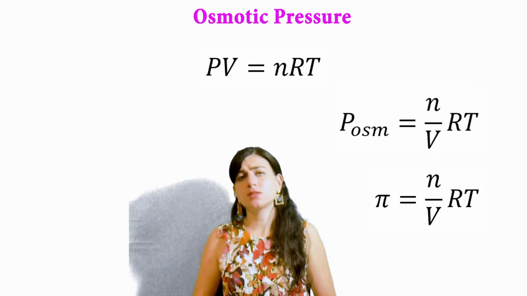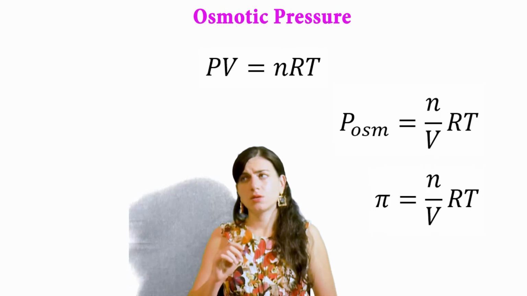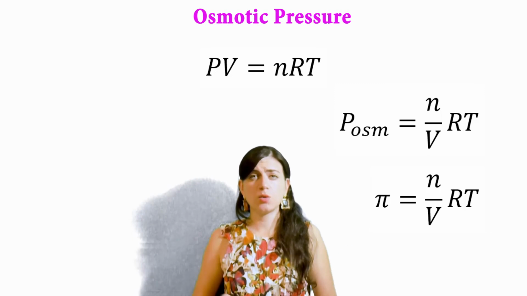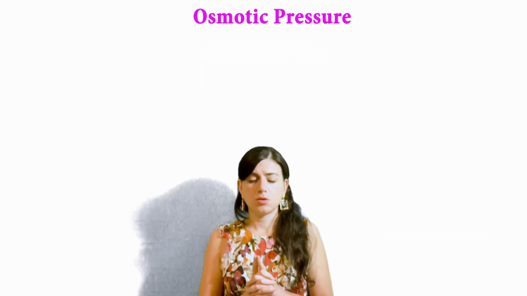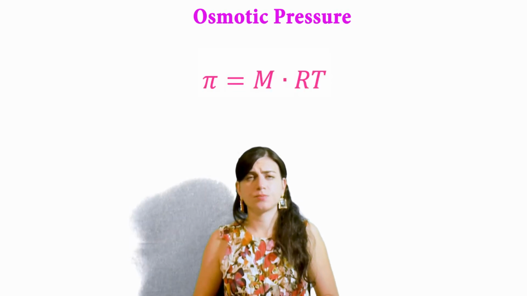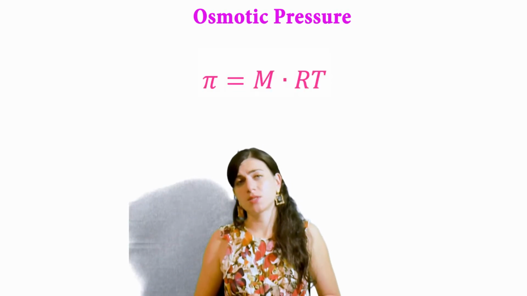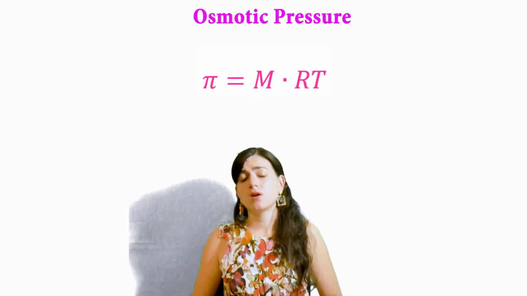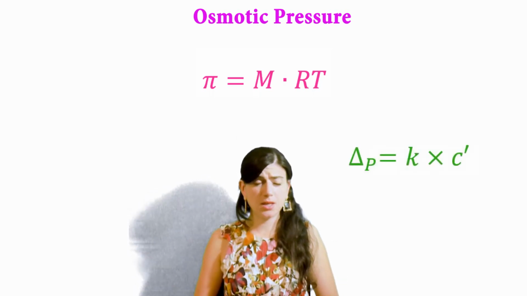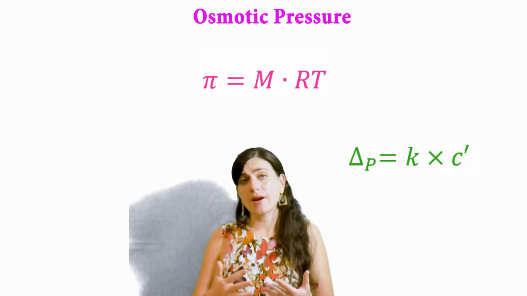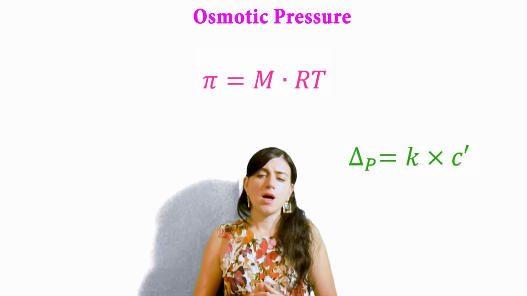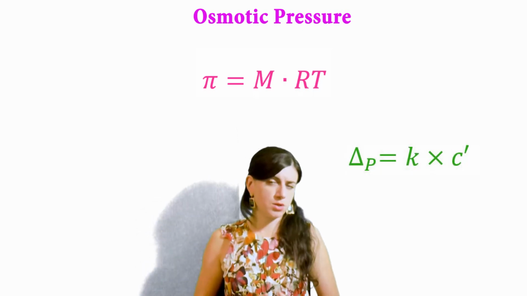Now, if we consider that n over V is molarity, we can write the final equation for osmotic pressure, which is pi equals molarity times RT. This is anyway fitting with our general equation we have seen at the beginning of this video, because RT is our constant and M is our concentration.